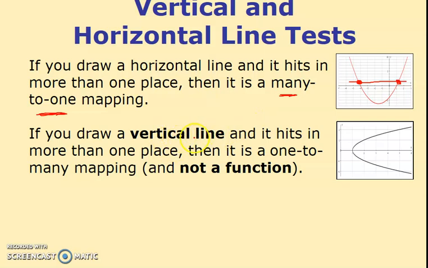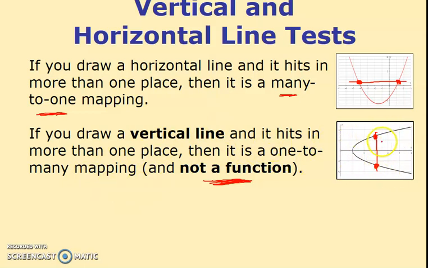If I draw a vertical line and it hits more than one place, yep, hits one, hits two. So this is not a function. So our definition of not a function is it can't hit more than one place when I draw those lines. Whether it's a one-to-many or a many-to-many, you just don't know at this stage, other than by looking at the picture.